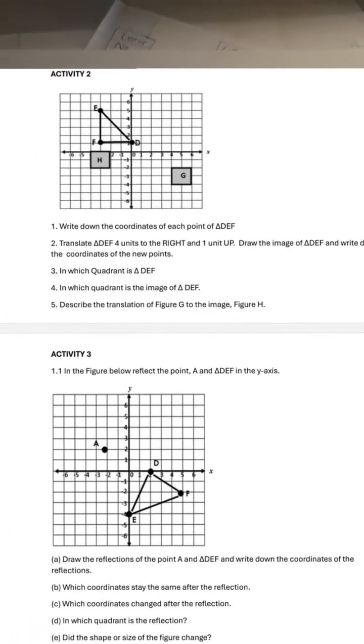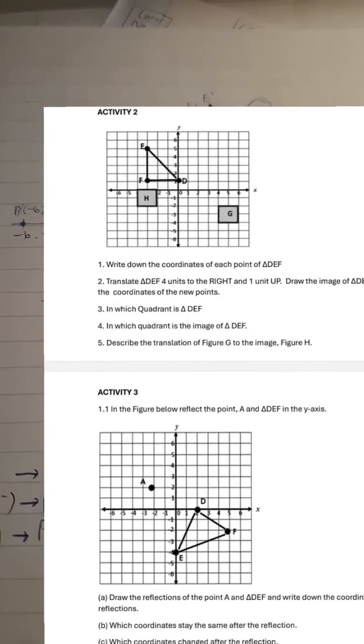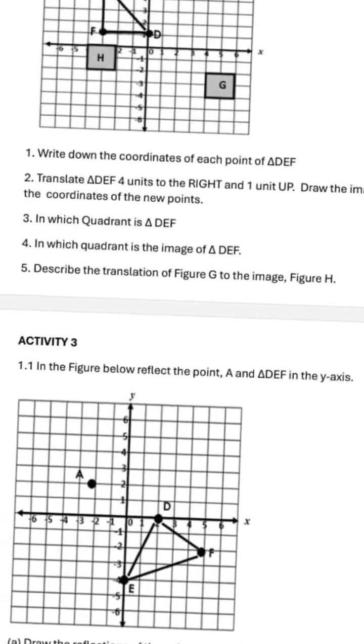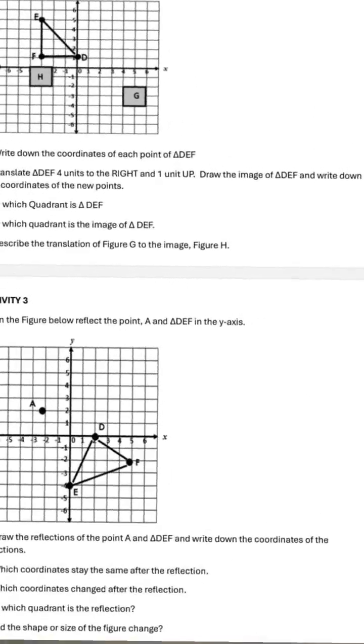Then lastly, describe the translation of figure G to the image figure H. Describe the translation of figure G. There it is, figure G in this diagram.